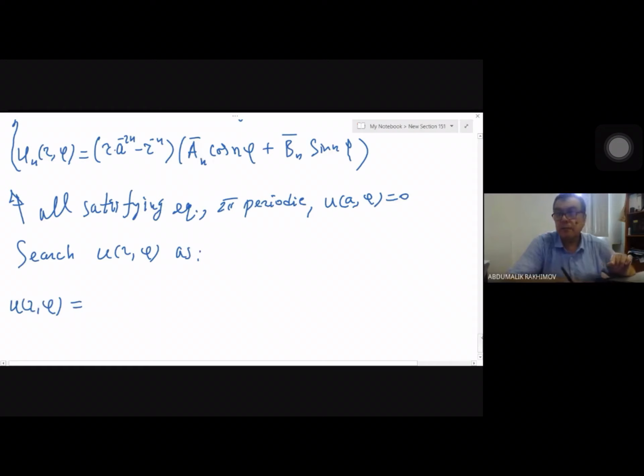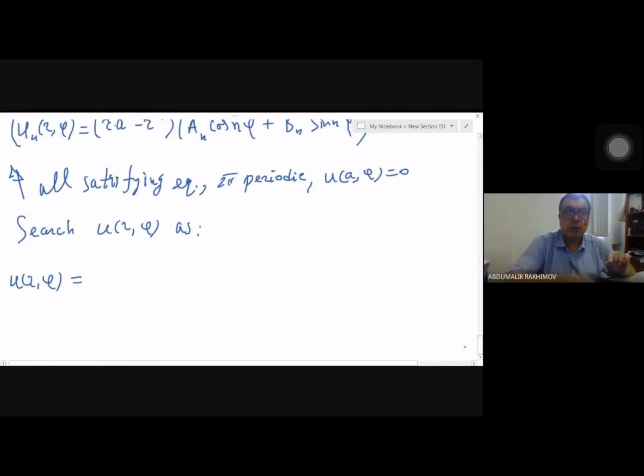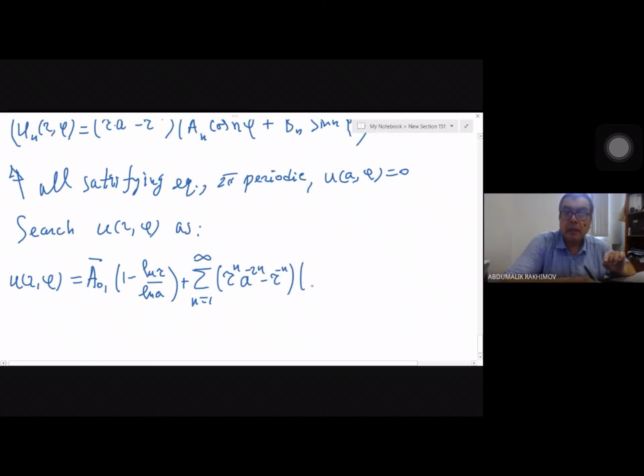What was u0? a01 bar times 1 minus ln r over ln a, plus the sum n from 1 to infinity of r to the n, a to the minus 2n minus r to the minus n, then an bar cosine n phi plus bn bar sine n phi.